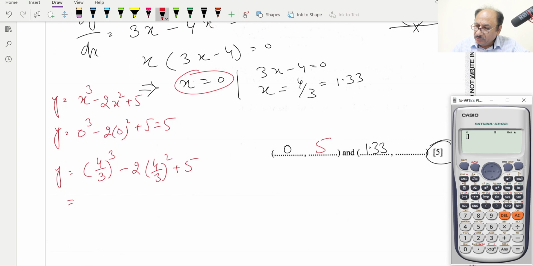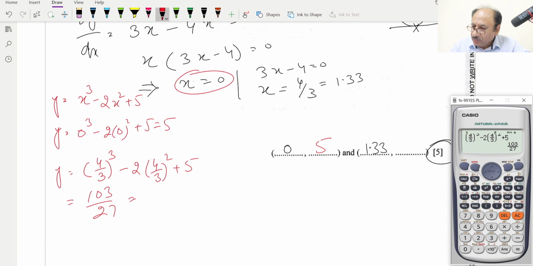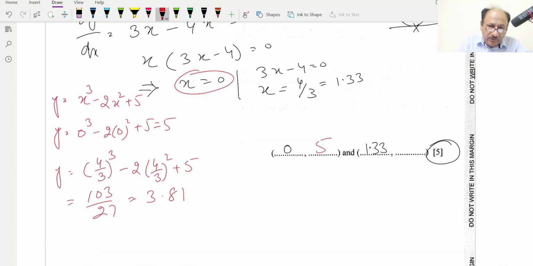So bracket 4 over 3, cubed, minus 2 into 4 over 3 squared, plus 5 is equal to 103 over 27, which in decimal is 3.81. So 3.81, this will be our point.